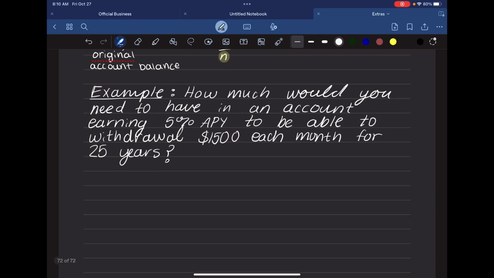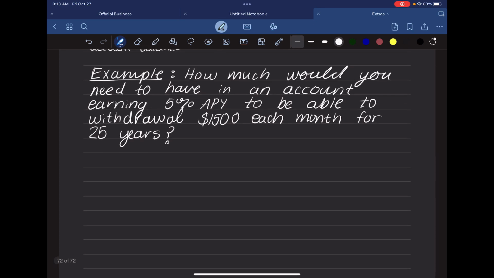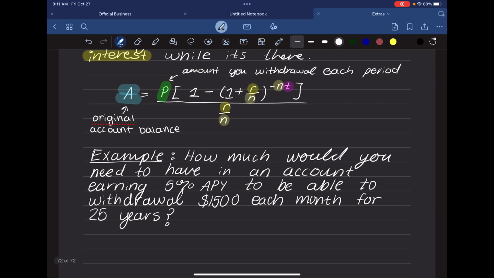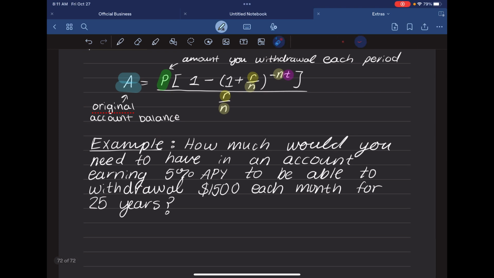Okay, so suppose we wanted to figure out how much we need to have in an account which earns 5% APY to be able to withdraw $1,500 each month for 25 years. So we can think about which pieces of this formula we have.